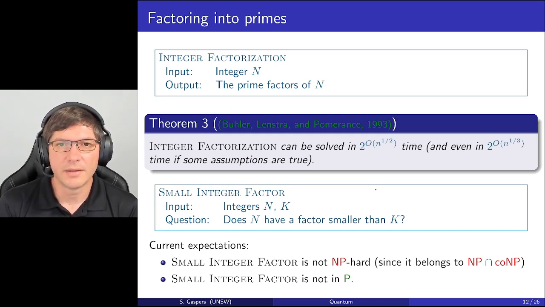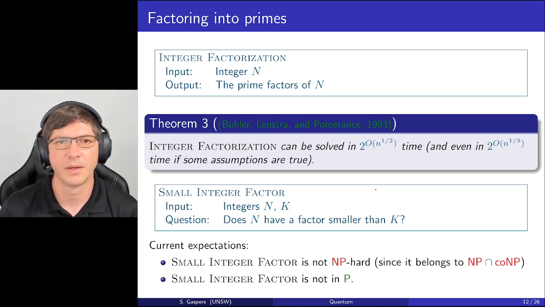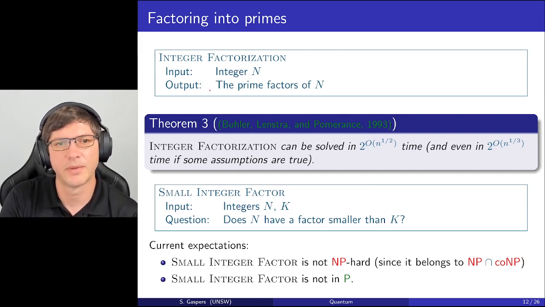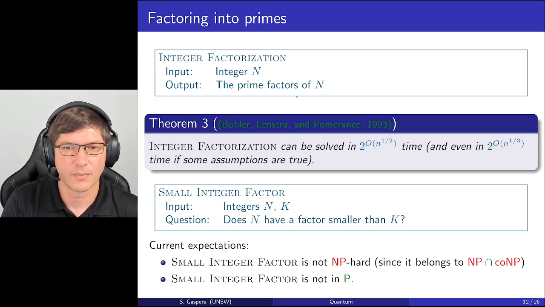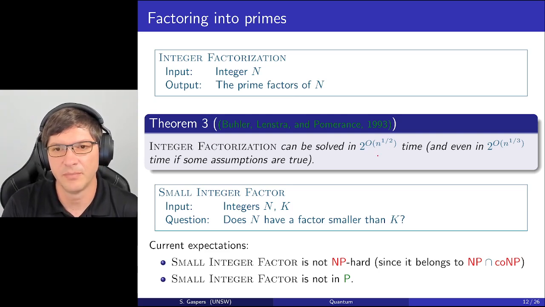Now, integer factorization seems related, but actually it's a much harder problem. The input is also an integer N, capital N, and the output is the prime factors of capital N. This problem has a sub-exponential time algorithm, so it can be solved in time 2 to the order square root of n.